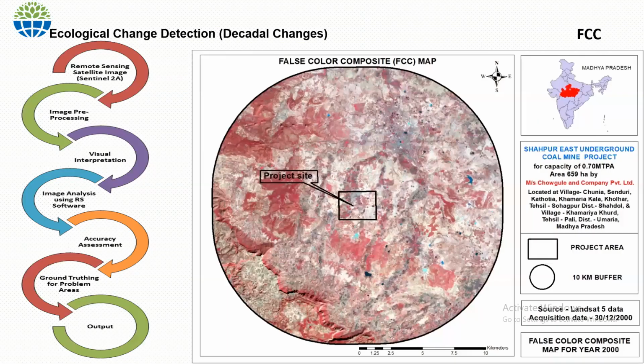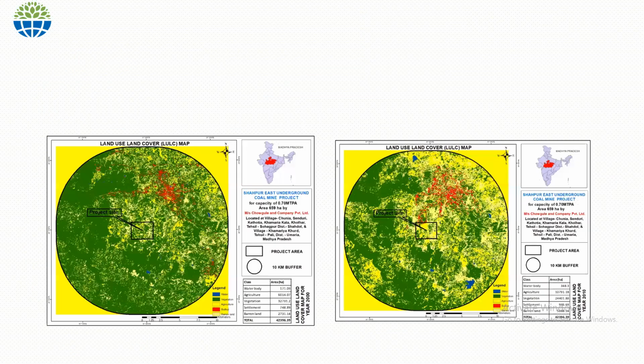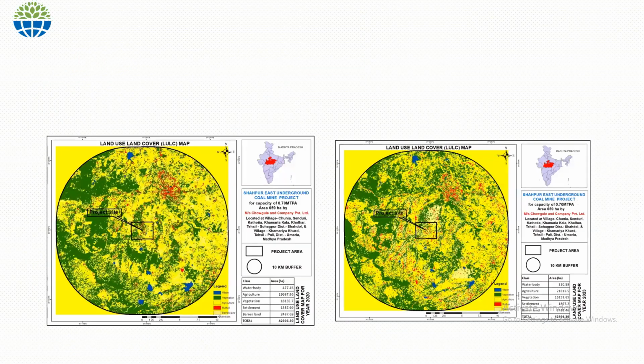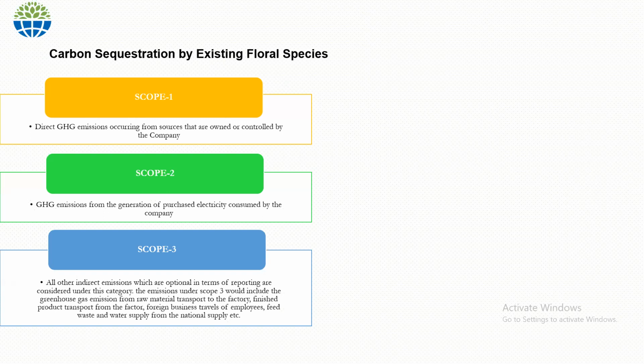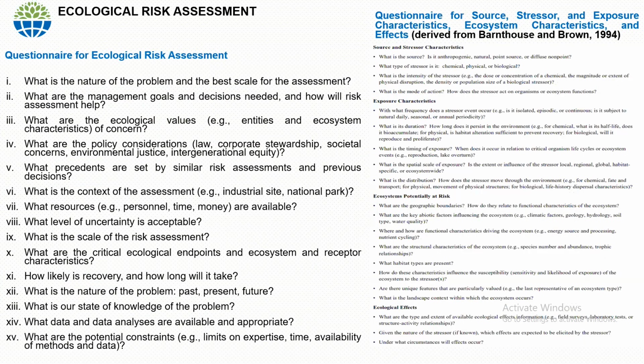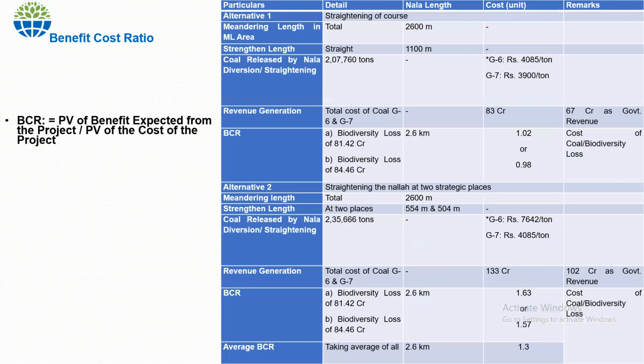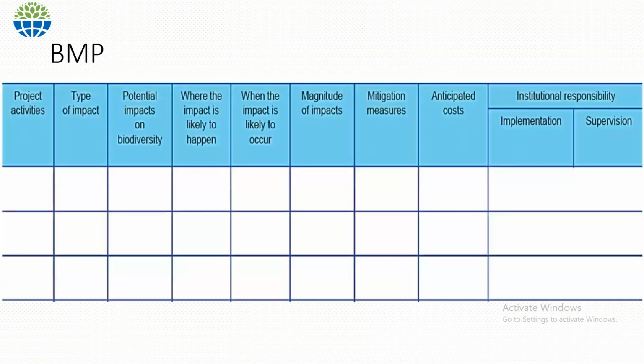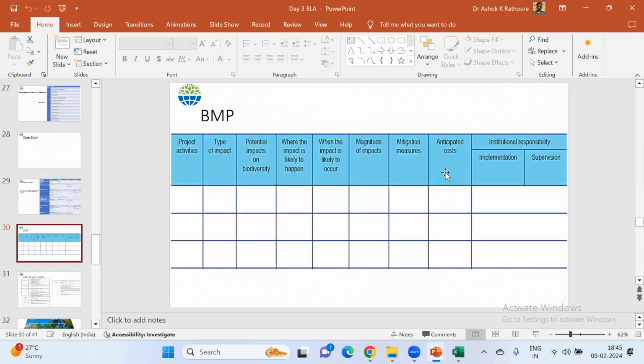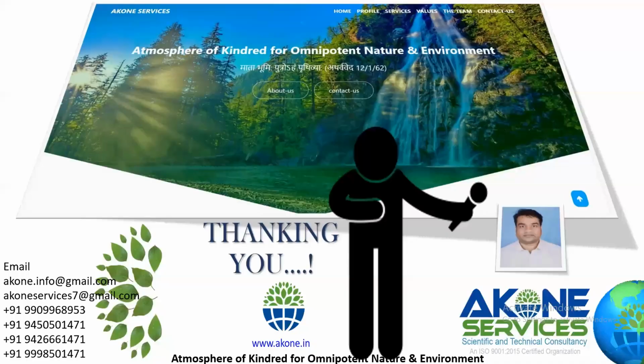Then you will see ecological chain detection, which we have also included in this module, how to do it, and carbon sequestration and diversity loss, along with one case study. We will show one report on biodiversity loss assessment so that learners can understand how this should be calculated for other projects.